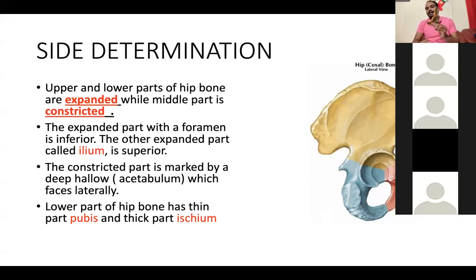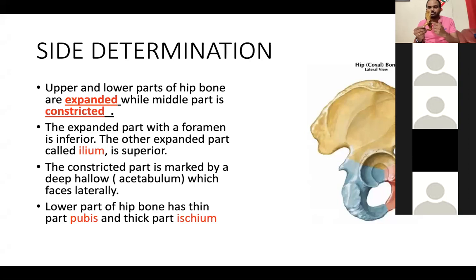Now the bone which I am holding in my hand is the left hip bone, because the upper expanded part, fan shape without any foramen, is placing superiorly. The lower expanded part with the obturator foramen is placing inferiorly. The obturator foramen is this one.